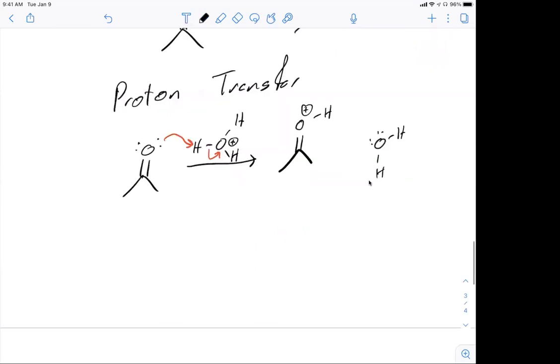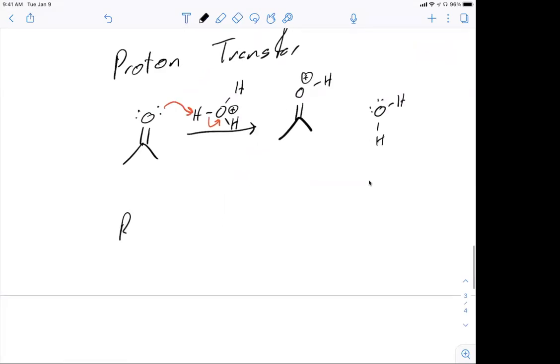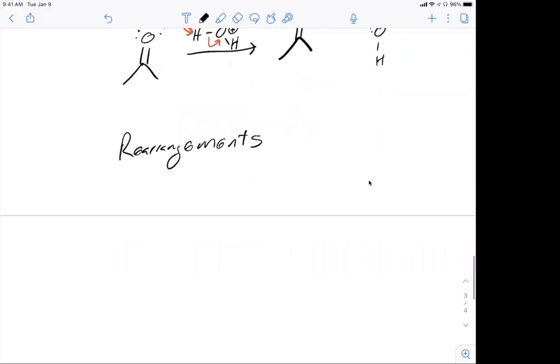And then the last one that we're going to be looking at this point is going to be rearrangements. There are several rearrangements we'll see before you finish organic 2, but the one we're going to be looking at for quite a while is going to be carbocation rearrangements.